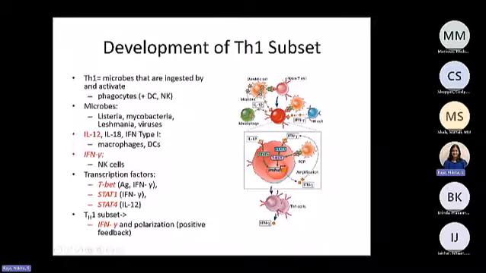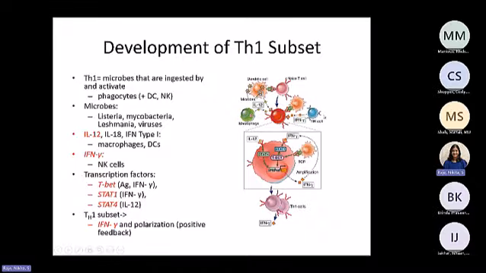IL-12 is going to act on these cells, and in presence of that cytokine, in presence of some of the second signals that these APCs provide to these naive T cells, telling them that it's an intracellular infection and what kind of infection, these cells will release interferon gamma.